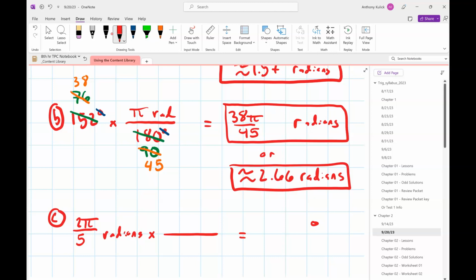What do I need to multiply 2 pi over 5 radians by in order to convert that into degrees? So if I go back and look, 180 over pi.